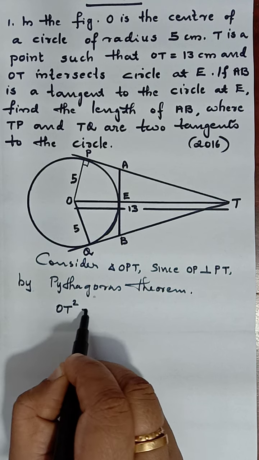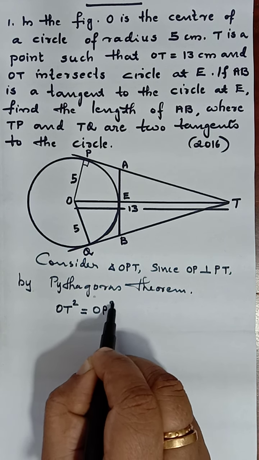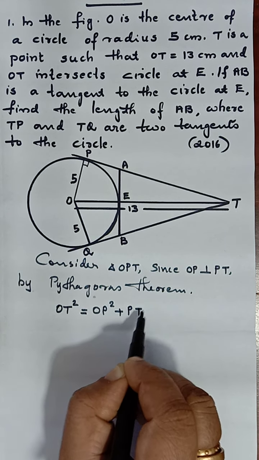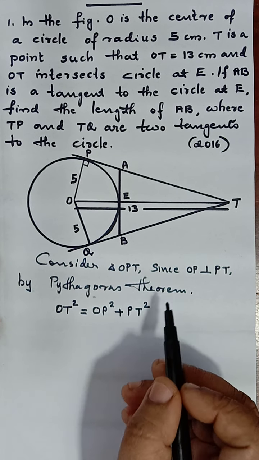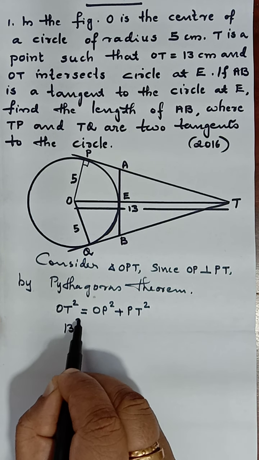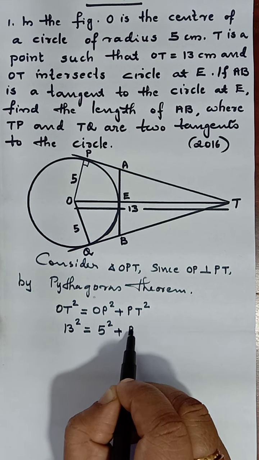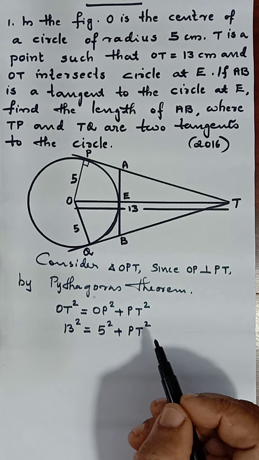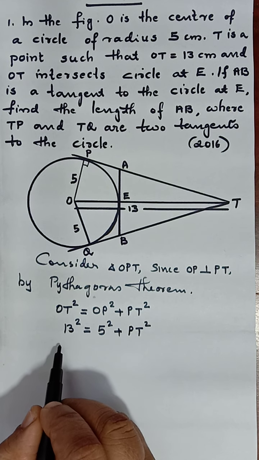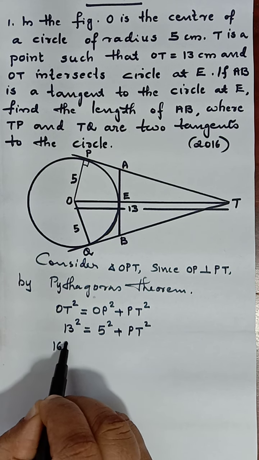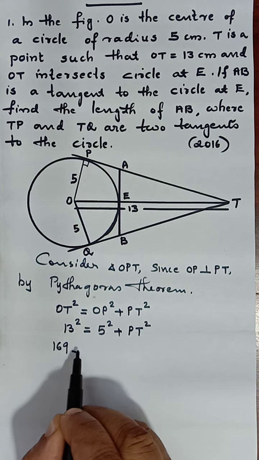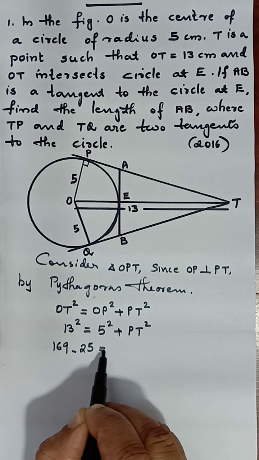OT square is equal to OP square plus PT square. We have OT square as 13 square, OP square as 5 square, plus PT square. We know 13 square is equal to 169. 5 square is 25.